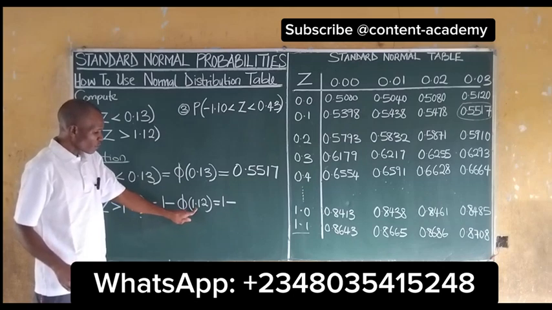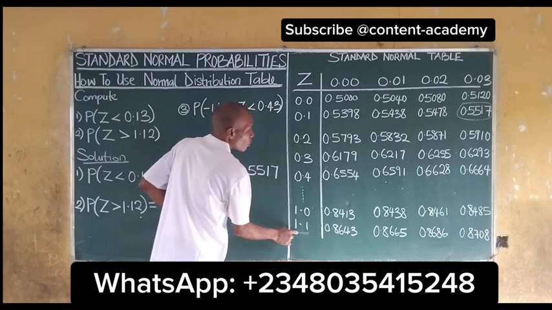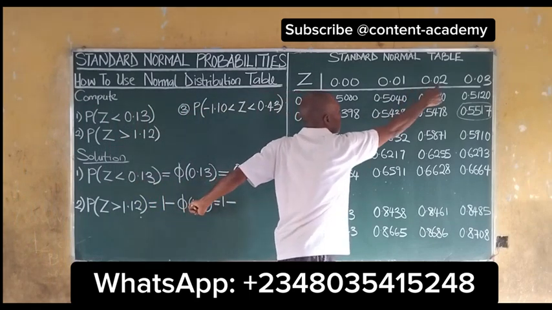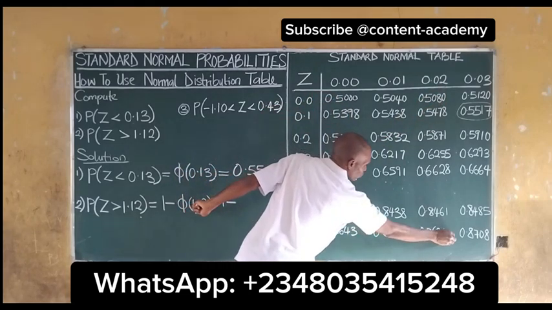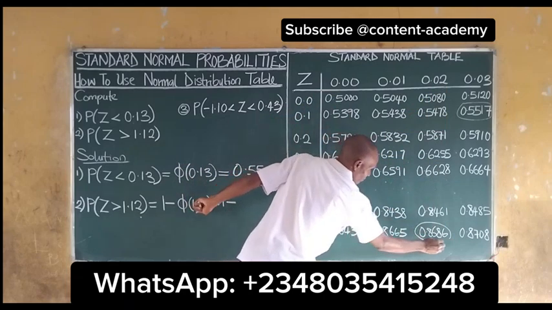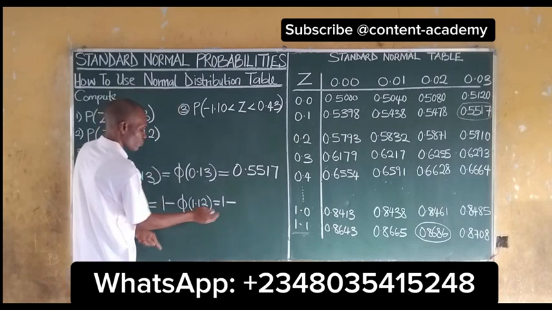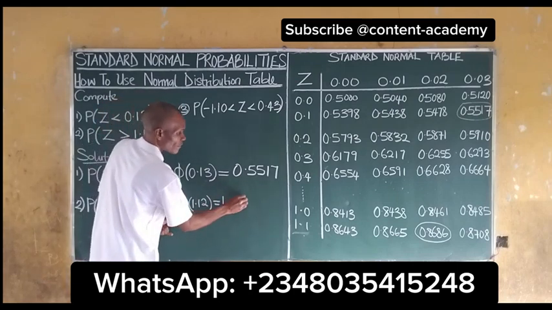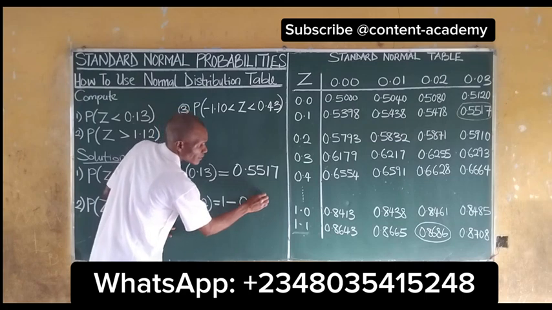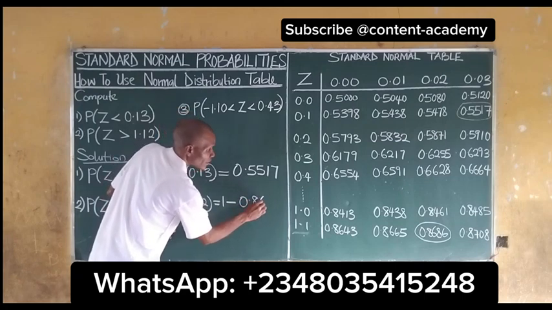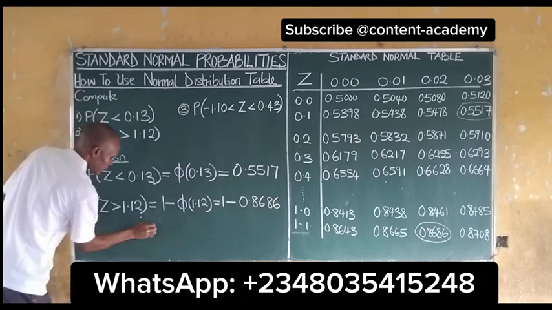1.1 under 0.02. This is it. So we have 0.8686. Now, what becomes our answer?